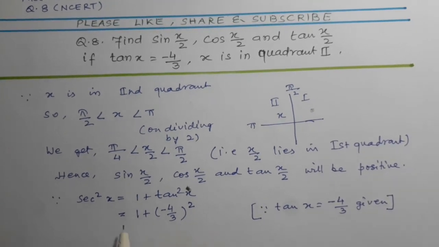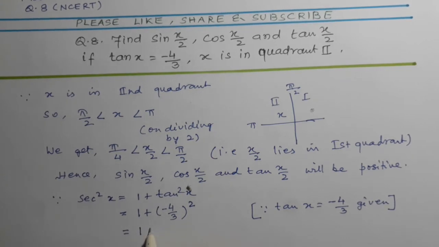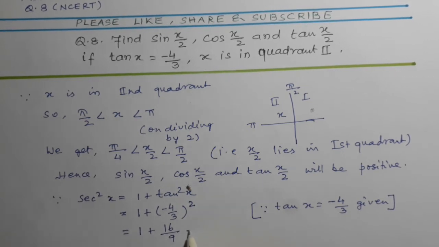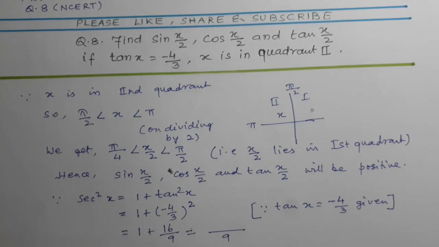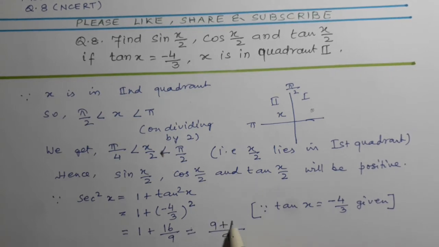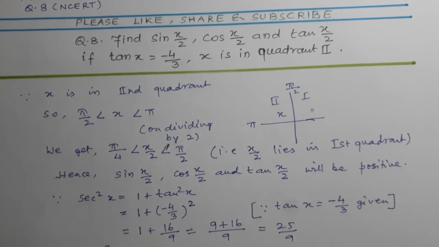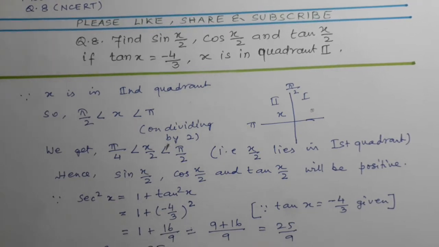So on simplification it will be 1 plus minus 4 by 3 into minus 4 by 3, as it is a square, so it will be 16 by 9. On further, 9 will be LCM, 9 will be written here, 16 will be here, so it will be 25 by 9. So we see that sec square x is equal to 25 by 9.